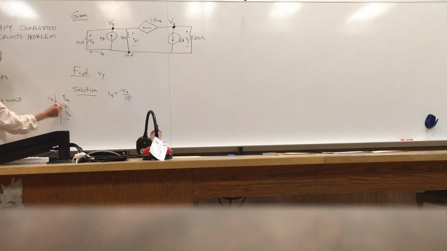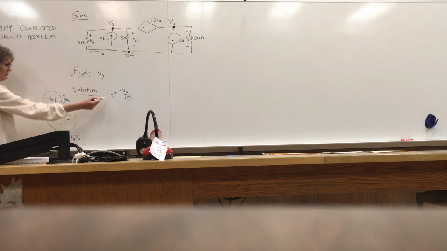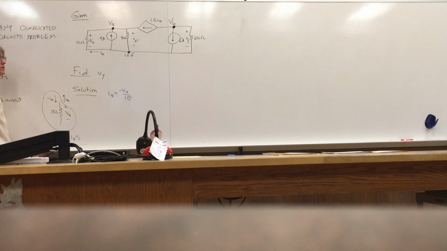But now, this picture looks more like our definition of Ohm's law. So we've got V equals IR, but I is minus IQ, R is 15, and so that's how I got IQ is minus VA over 15. So be careful about that.